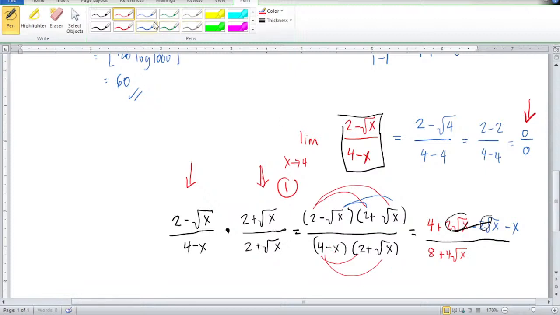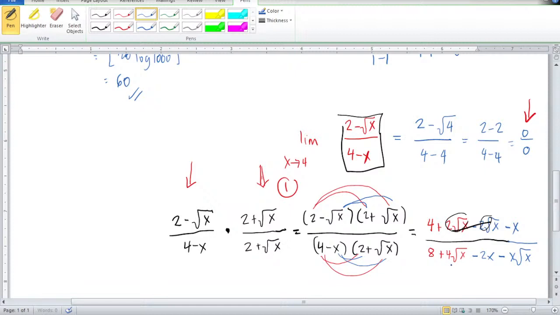Negative x times 2 is negative 2x. And negative x times square root of x is negative x square root of x. Can you follow? Now, we cannot combine any of these, can we?